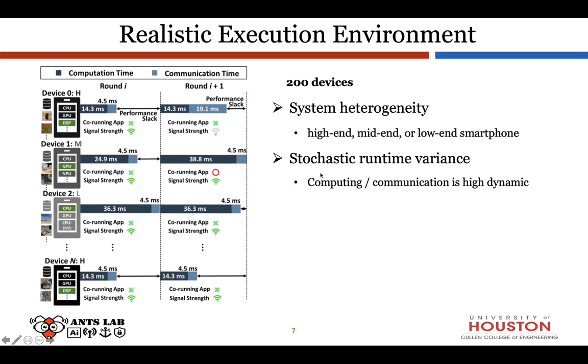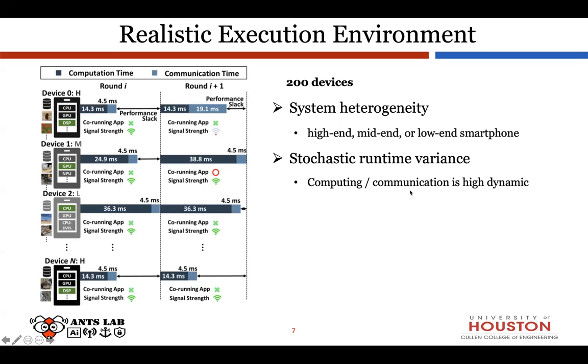Secondly, they simulate the stochastic runtime variance. The computing and communication is highly dynamic. For example, for this high-end device 0, if the signal strength is poor, the communication time will increase. And for this device 1, if there are some other co-running apps, the computing time will increase.